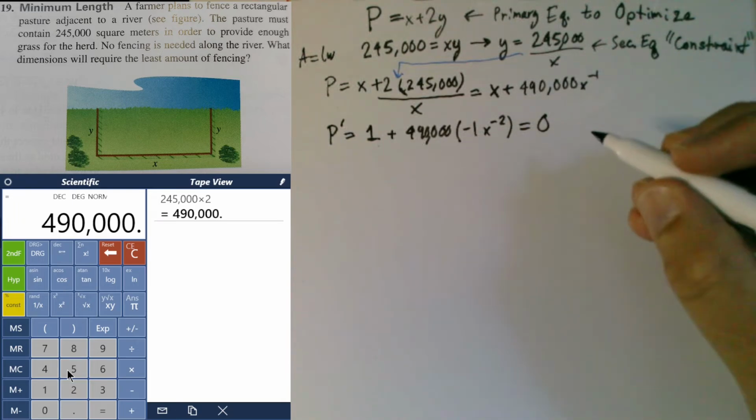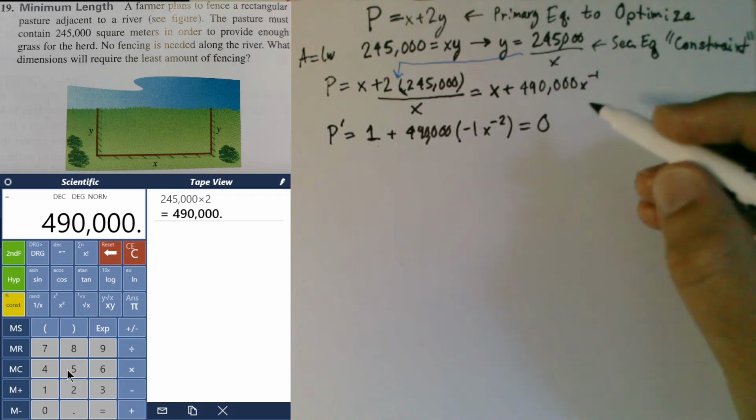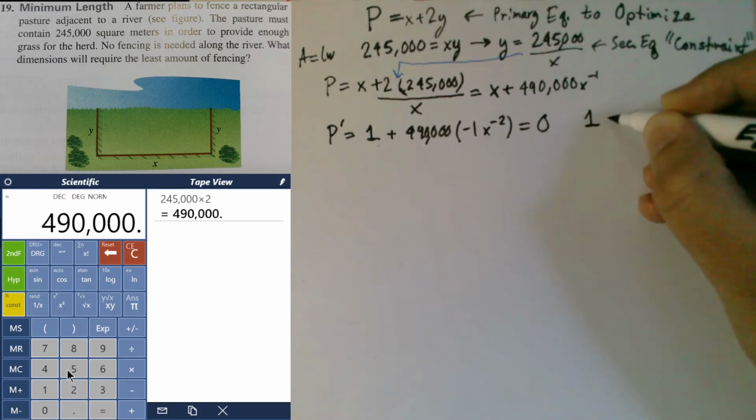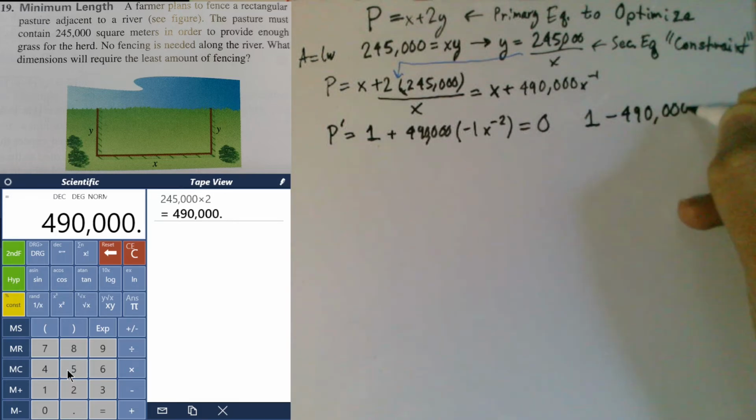We set the derivative of our primary equation equal to 0 in order to calculate where the relative maximum and relative minimum in this case is. So we can now rewrite this as 1 minus 490,000 divided by x squared equal to 0.